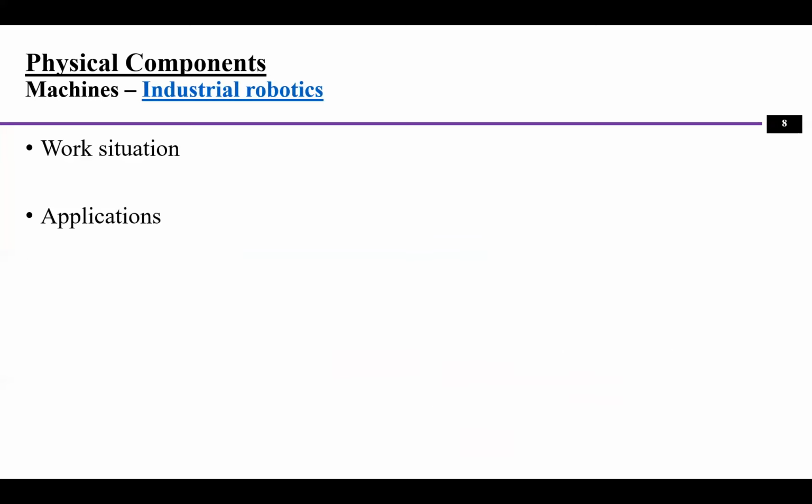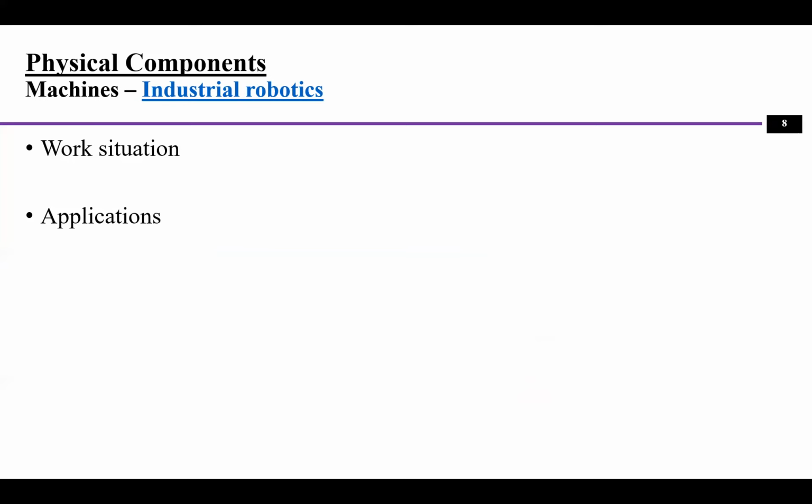Another type of machine, of course, is industrial robotics. As we know, in the future industry, we are all moving to robotic operations instead of having human workers. There are several different benefits of using robotics. First, it's very consistent.